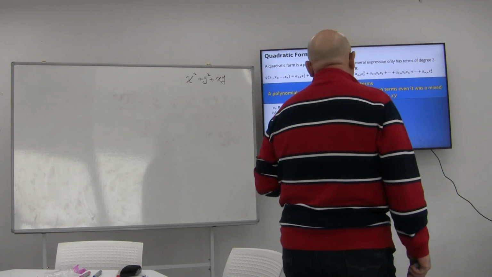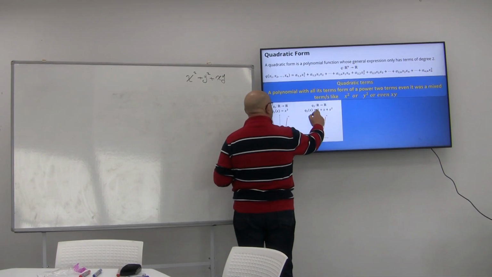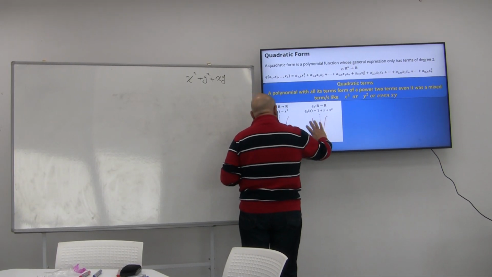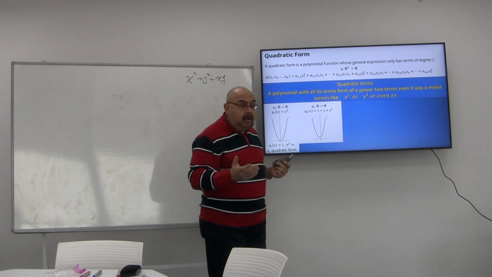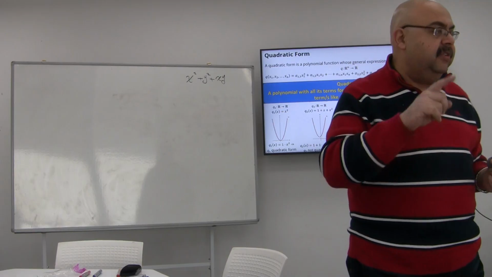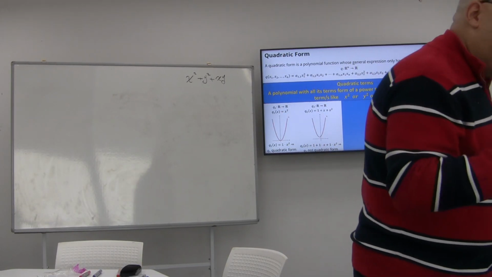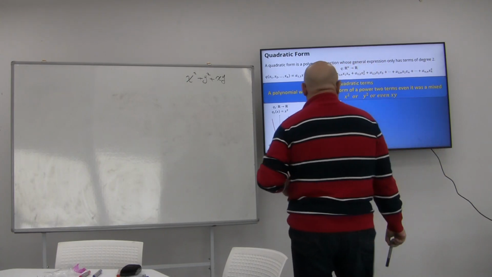But if you look at this one, you will find Q2, which is 1 plus x squared. This is not a quadratic form of a polynomial because you have another term with a power different than 2. So this is not a quadratic form.